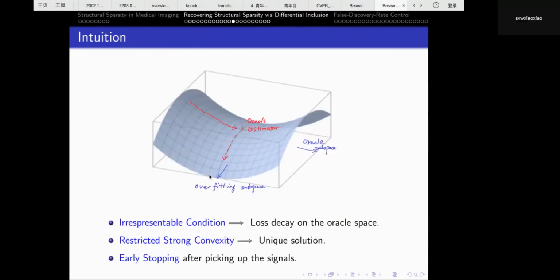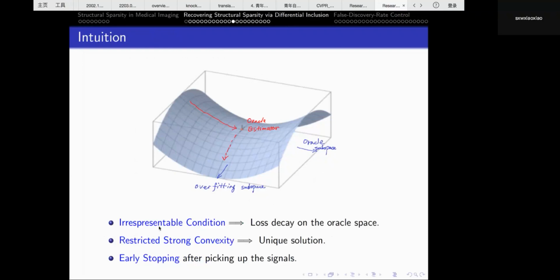And here is the high-level iteration regarding our theoretical result. We denote the oracle subspace as the space expanded by the true signal set, and we denote its complementary space as the overfitting subspace.